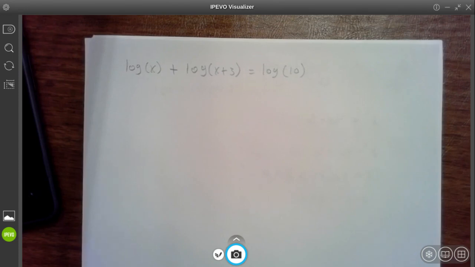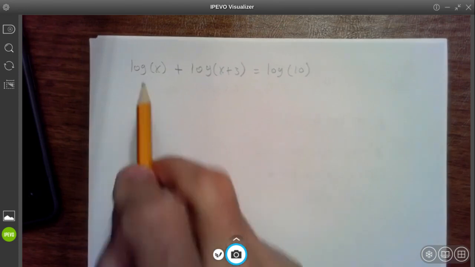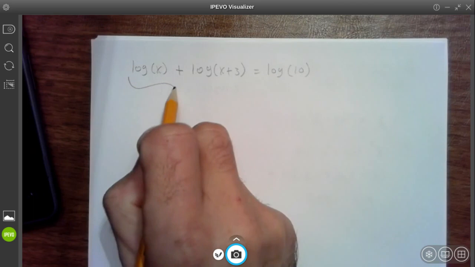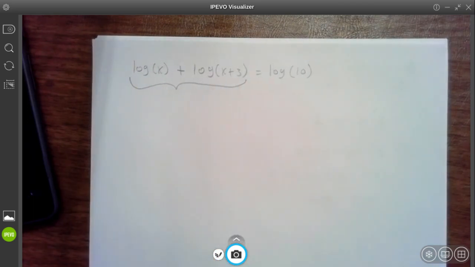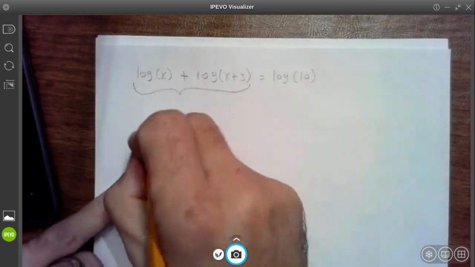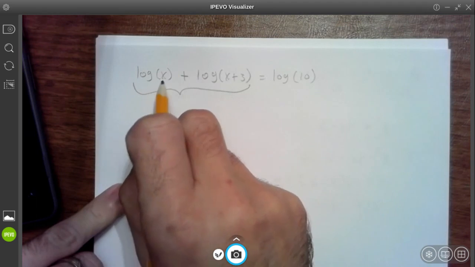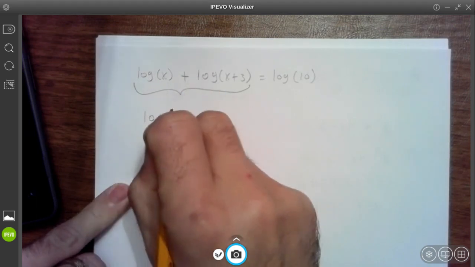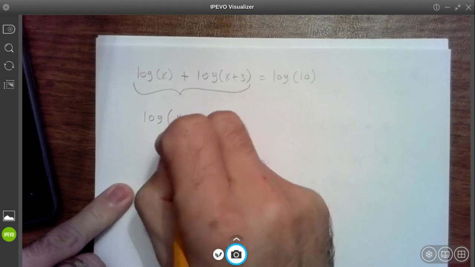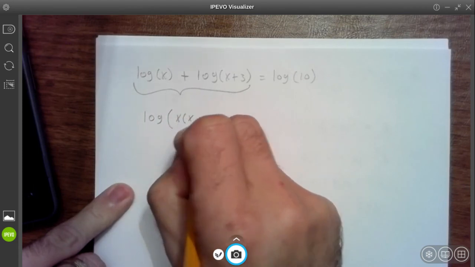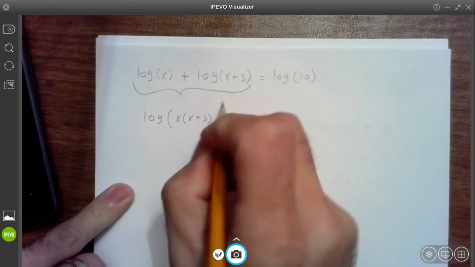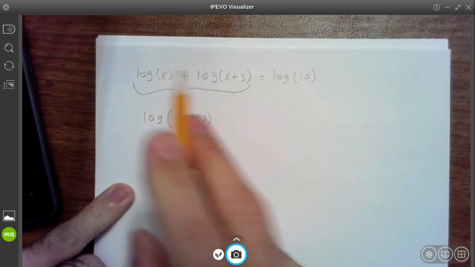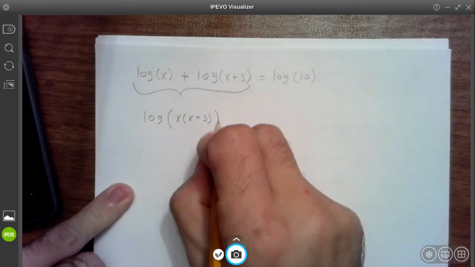All right, this will be the same type of story, except we need to condense this down to a single logarithm first. The sum of two logs will be the log of the product of their inputs. So I'm going to put these two pieces together by multiplication.